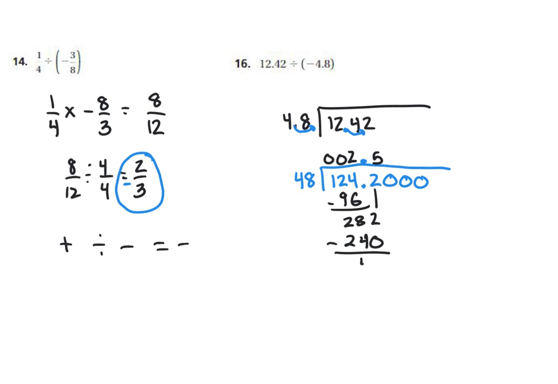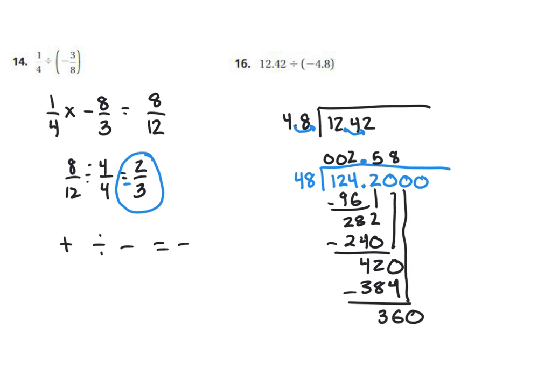So when we subtract here, we get 42, and we'll bring down a 0. And then 48 goes into 420 8 times. 48 times 8 is 384. 420 minus 384 is 36.